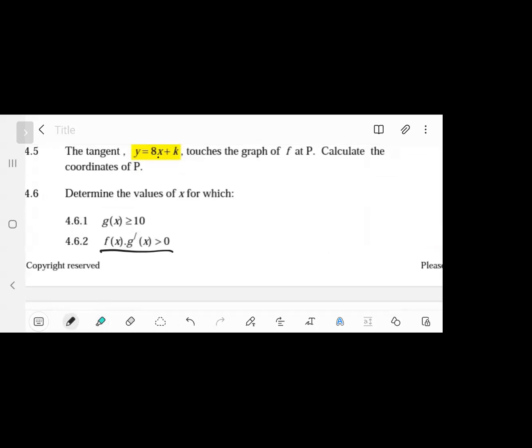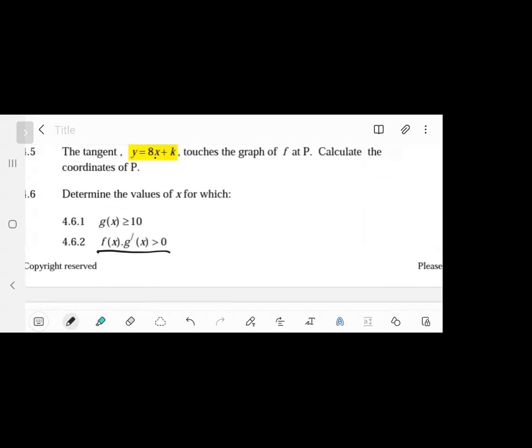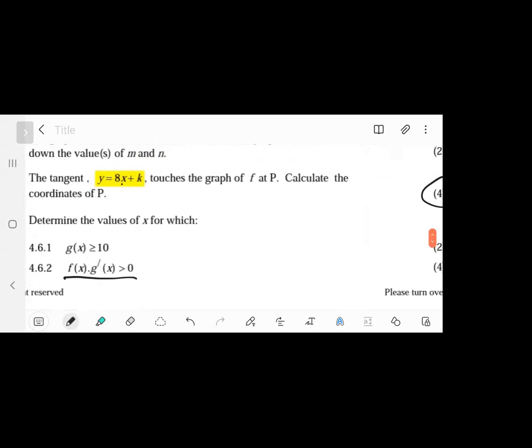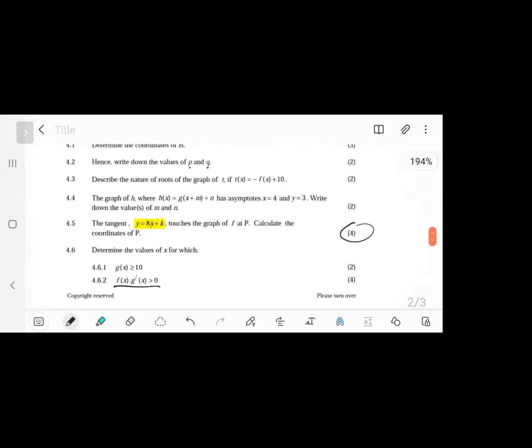So can you please go back to the graph? Can you please go to the graph, sir, please? Do you see everything?